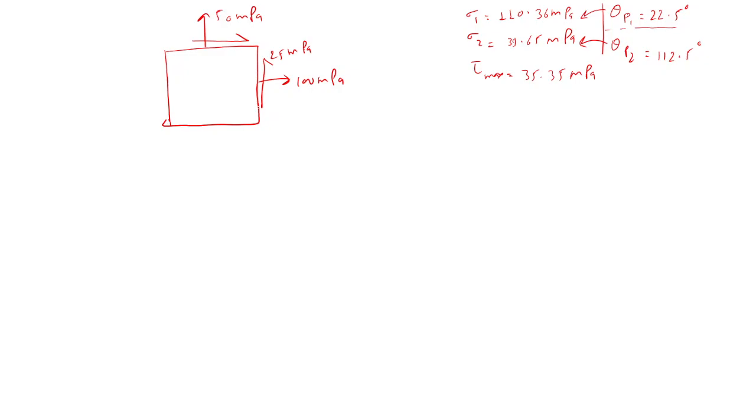Let's suppose this is 22.5 degree. It is similar to our convention, right? Here we are going in the anti-clockwise direction. So in this plane it would be sigma 1.